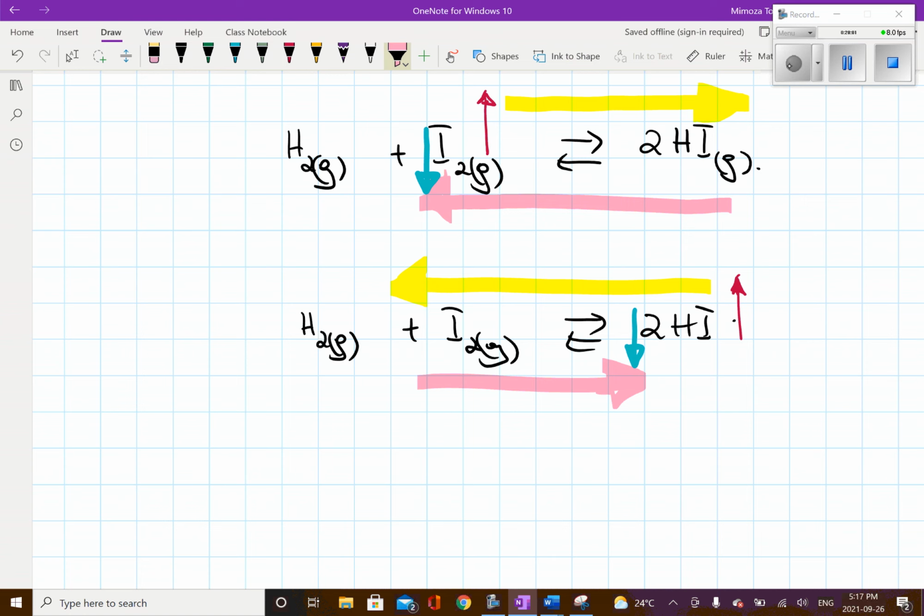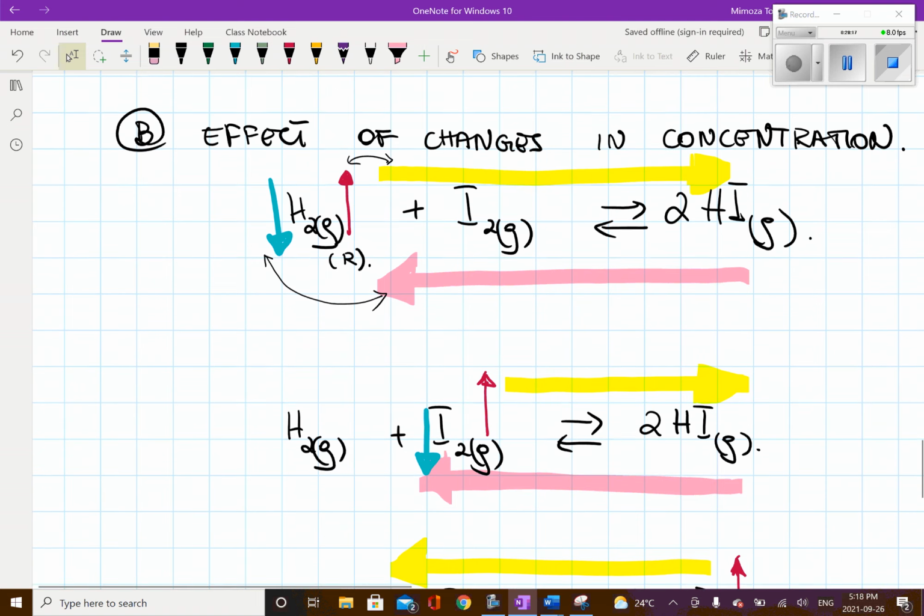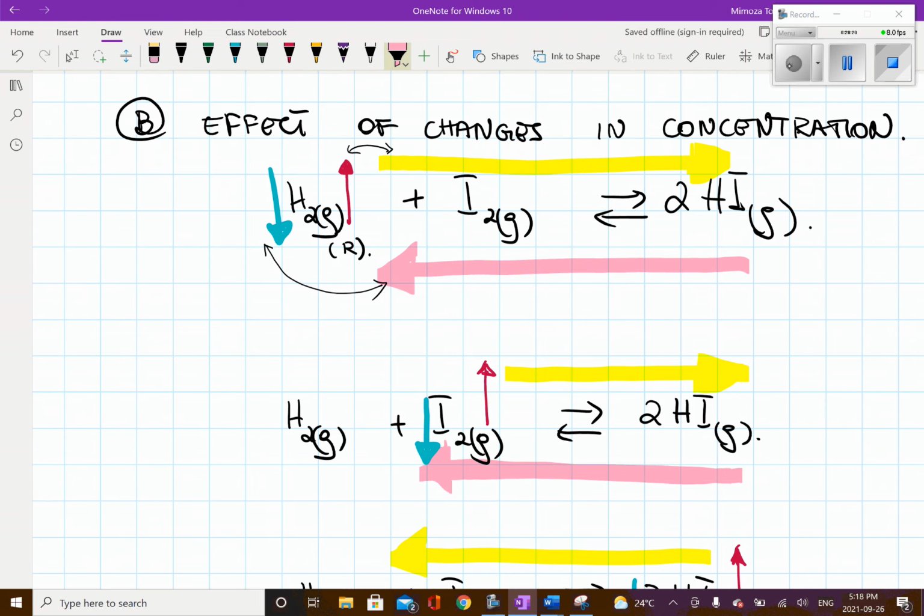Now, everything that is here, those arrows going to the left or to the right, we say that the shift is happening to the left or to the right. So in this example, when we were increasing the concentration of hydrogen gas, the equilibrium was shifted to the right. When you decrease the concentration of hydrogen, the equilibrium is shifted to the left.